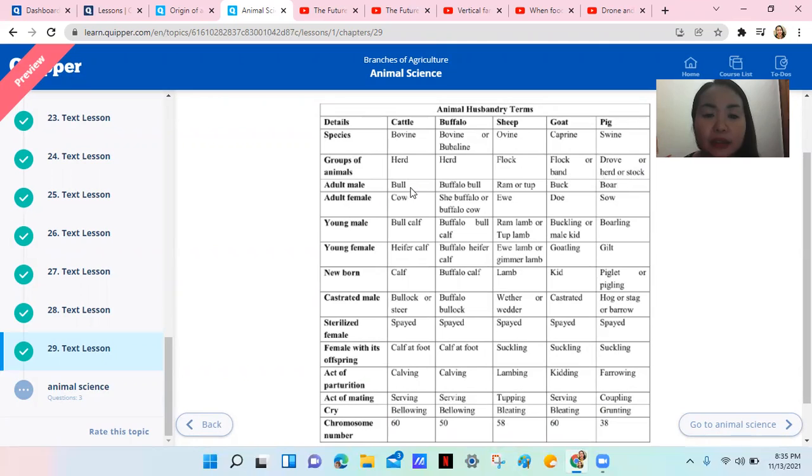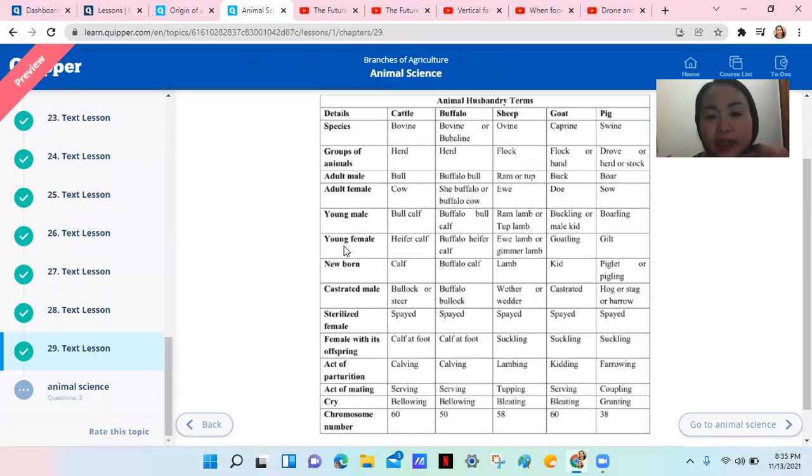The adult male cattle is bull, then buffalo bull for buffalo, ram or tup for sheep, buck for goat, and boar for pig. While the adult female for cattle is cow, she buffalo or buffalo cow for buffalo, ewe for sheep, doe for goat, and sow for pig.